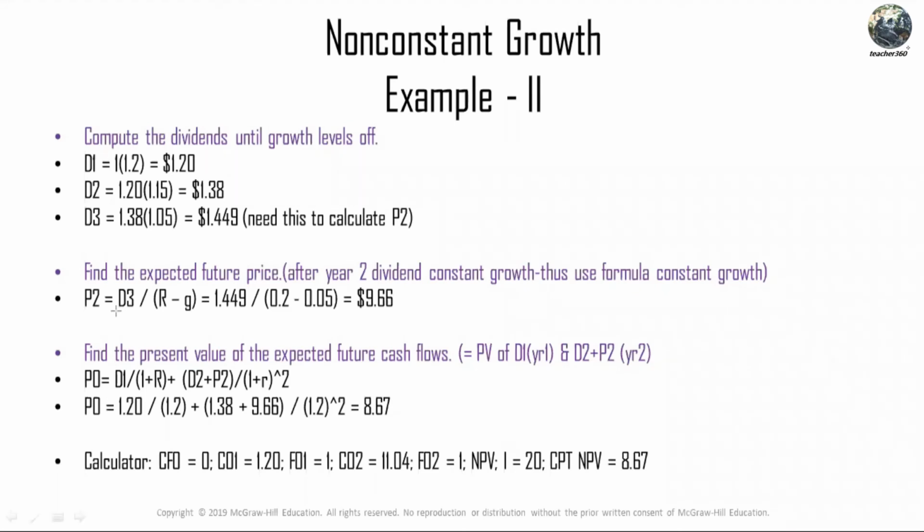D3 is 1.449 divided by required return 20% minus growth rate 0.05, which is constant after year 2, equal to 9.66. So in year 2, the stock price will be $9.66.